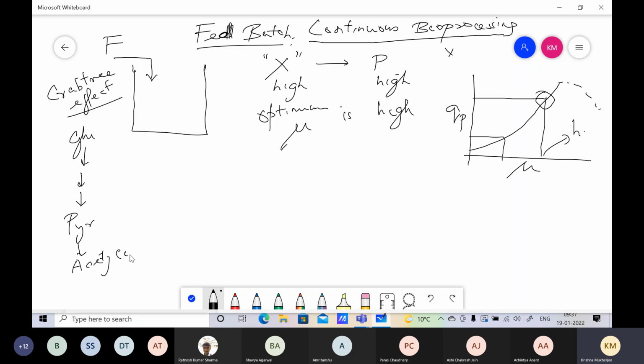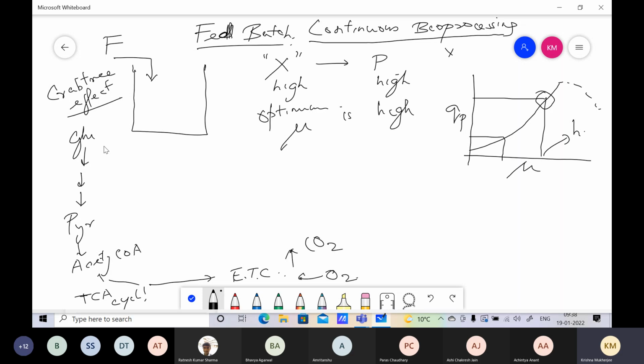You remember all this stuff? And then the TCA cycle, and from the TCA cycle, the electron transport chain and so on, with oxygen being required, CO2 being generated, and ATP being formed.